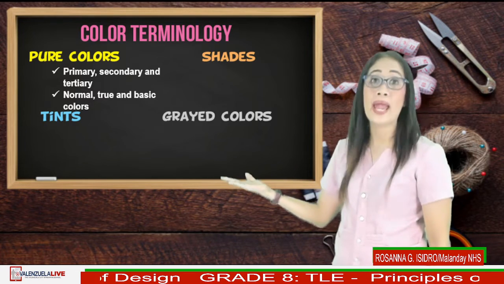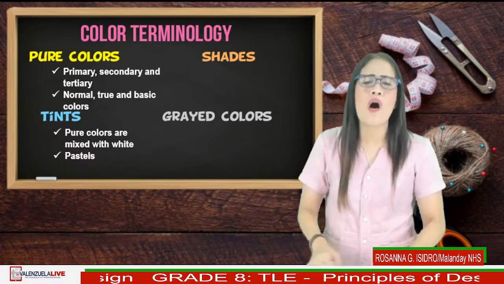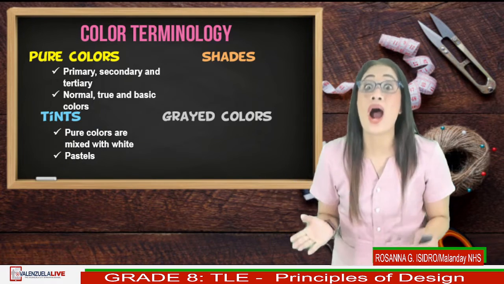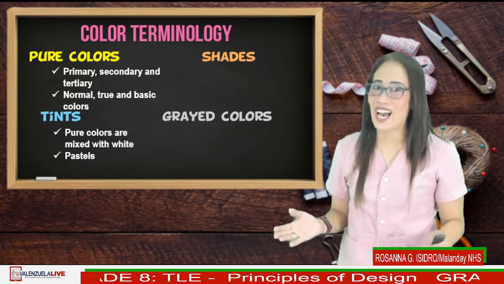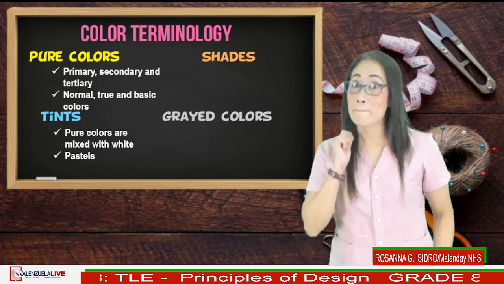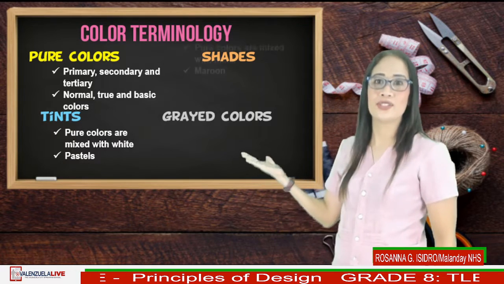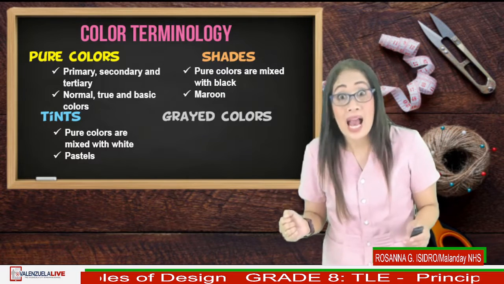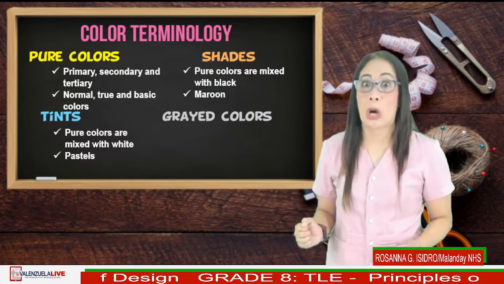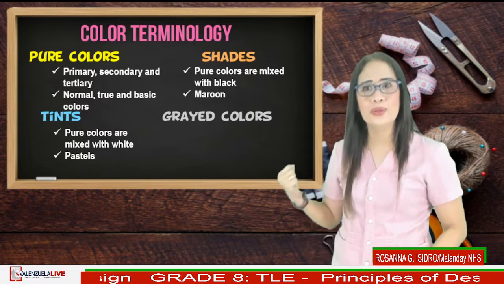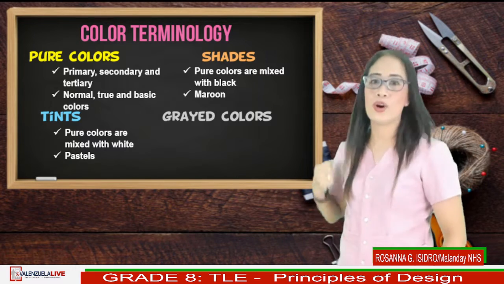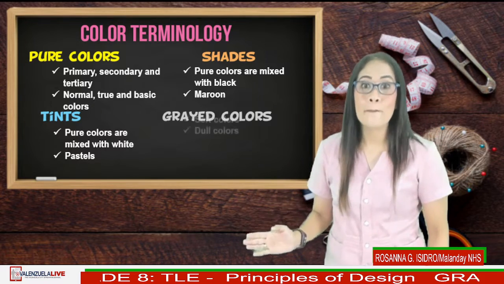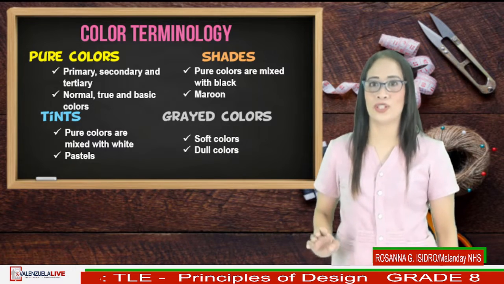Tint, when pure colors are mixed with white, they are made lighter, also called pastel. Shades, when pure colors are mixed with black, they are made darker, like maroon. Gray colors are soft or dull colors.